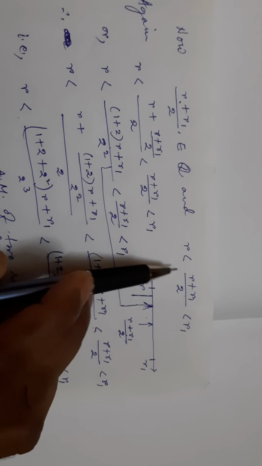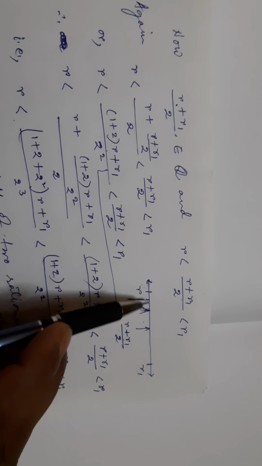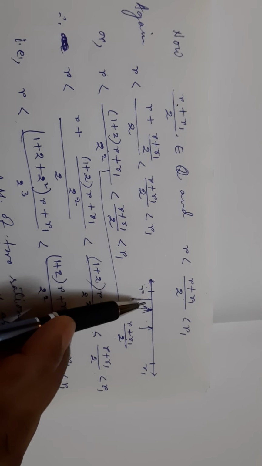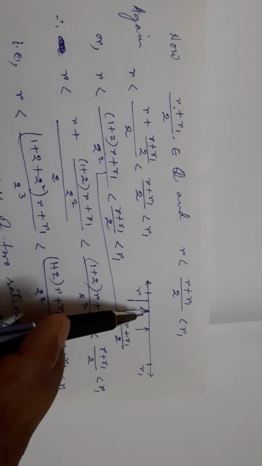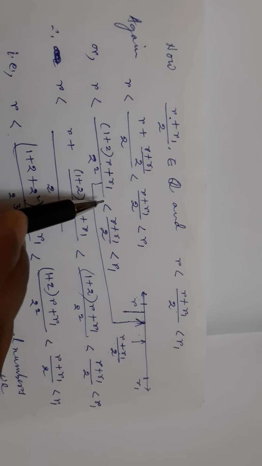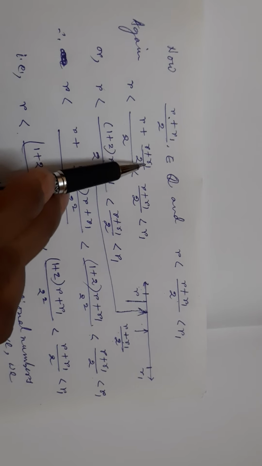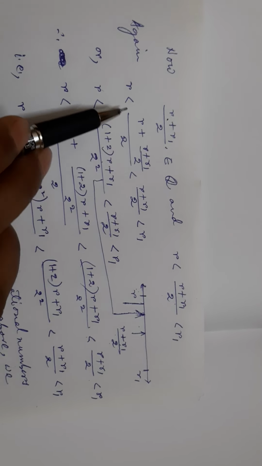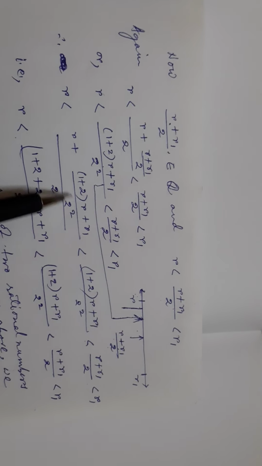Now we consider the numbers r and (r + r1)/2. So proceeding as above, we find that between r and (r + r1)/2 there exists another rational number, which is ((r + r1)/2 + r)/2, and this will lie between r and (r + r1)/2, and this is less than r1 from there.